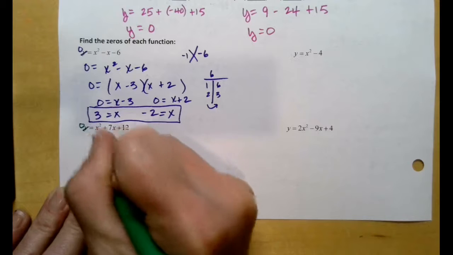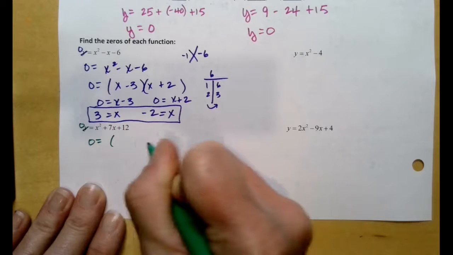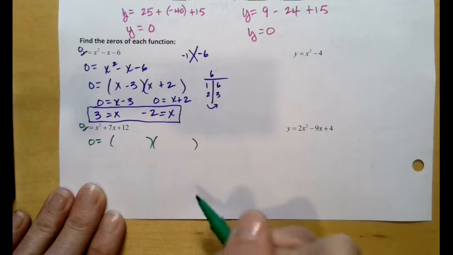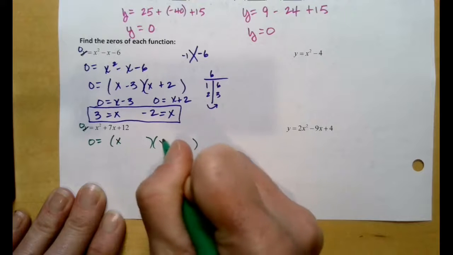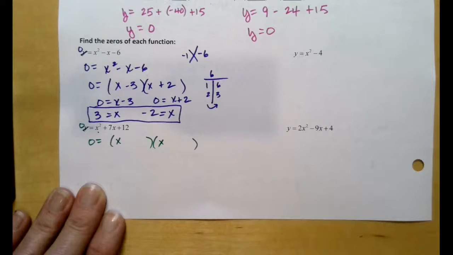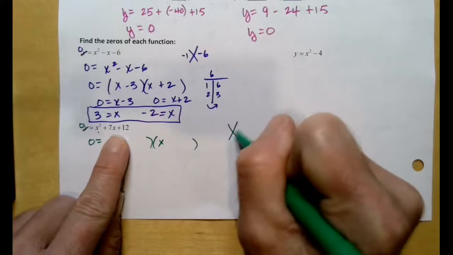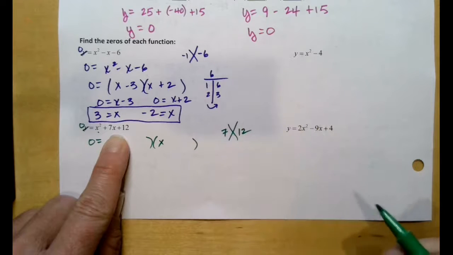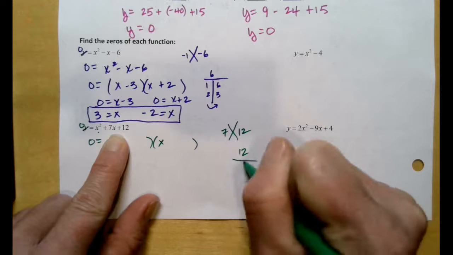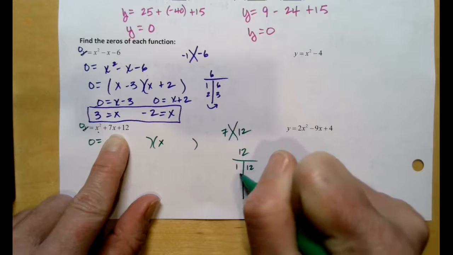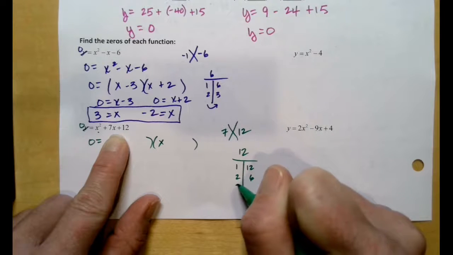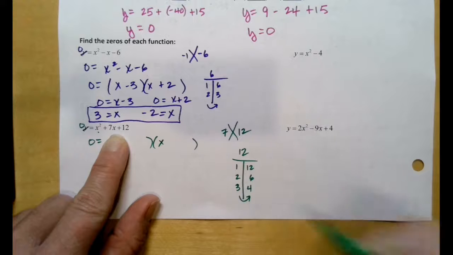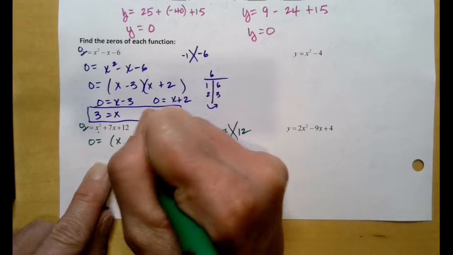I want to figure out where this equals 0. So let's go ahead and factor x and x, make x squared. Two numbers that multiply together to give me 12, add together to give me 7. When I look at my factors of 12, 1 and 12, 2 and 6, 3 and 4, here's my wraparound. I like 3 and 4.